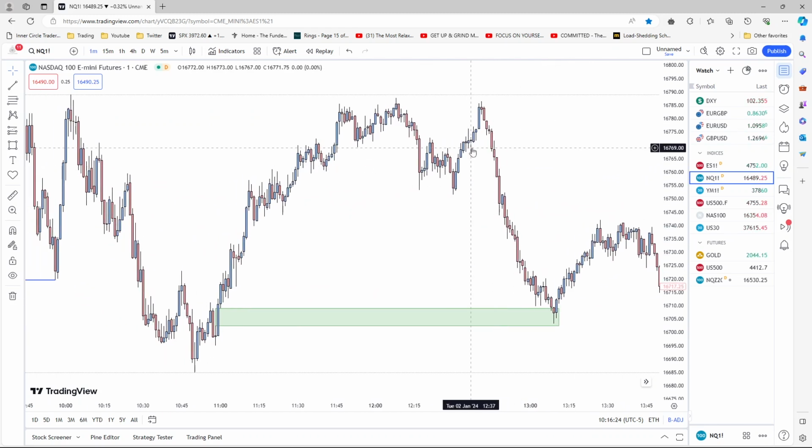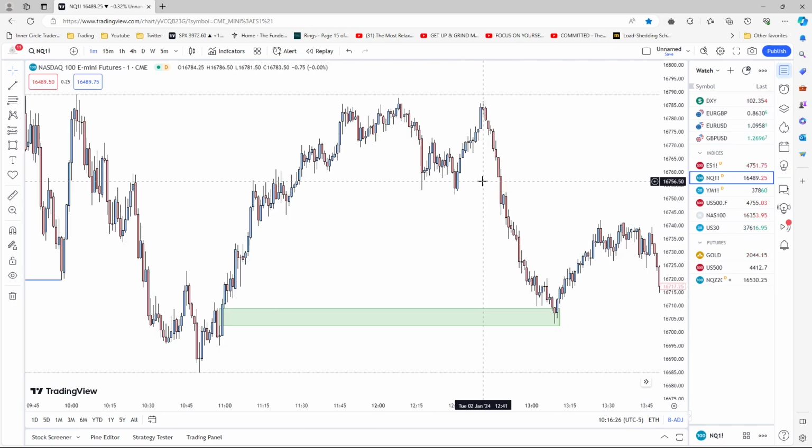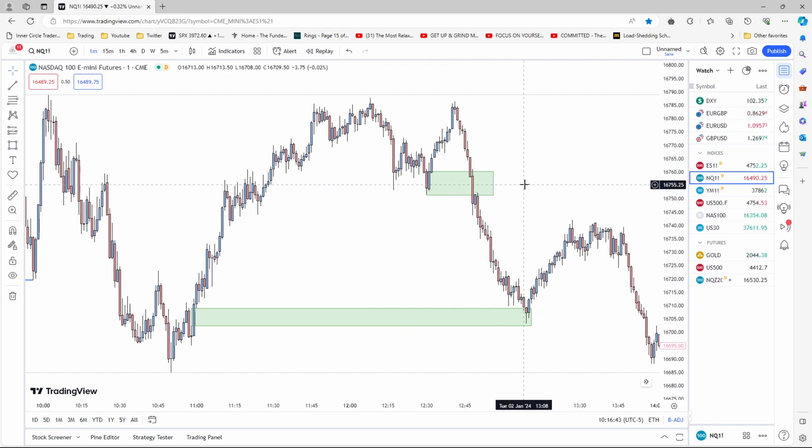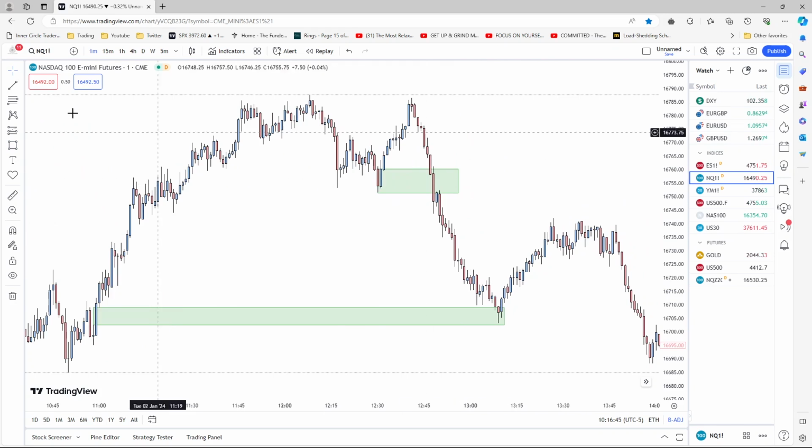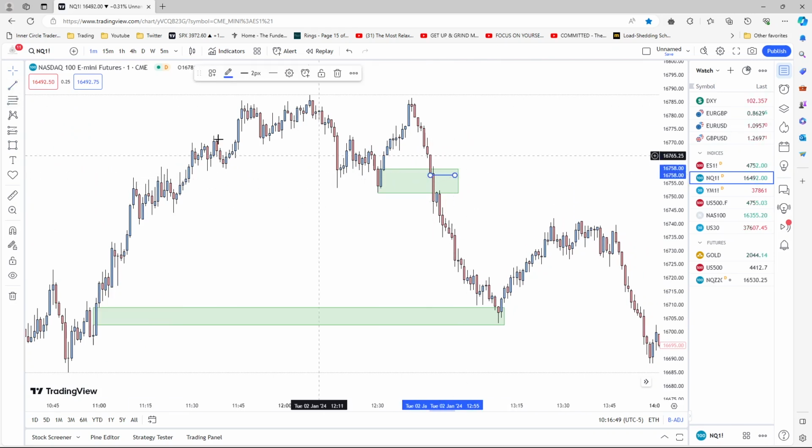So on this specific setup, I would be looking at high, low, higher high. So again, breaker block, extend that in time. And we also have a fair value gap for fair value gap traders.